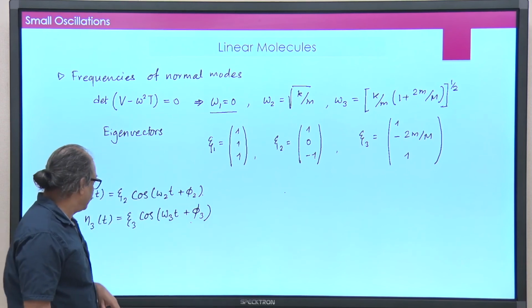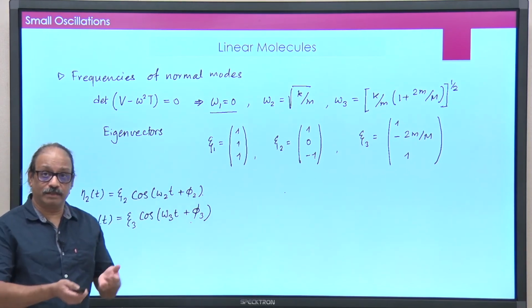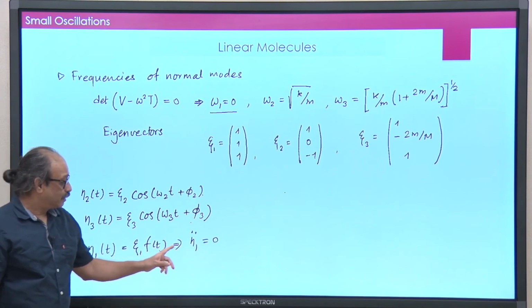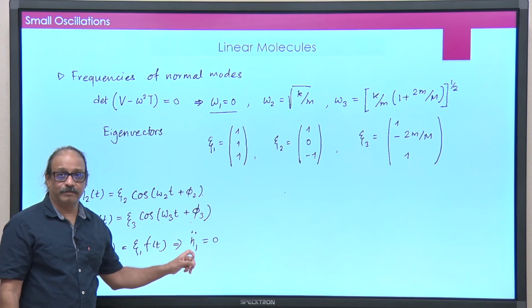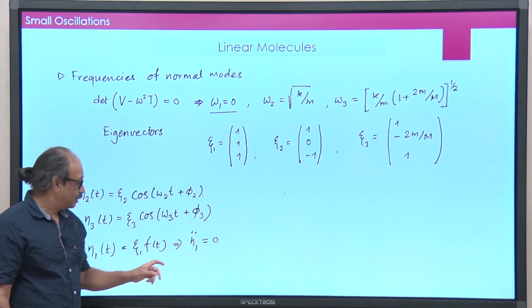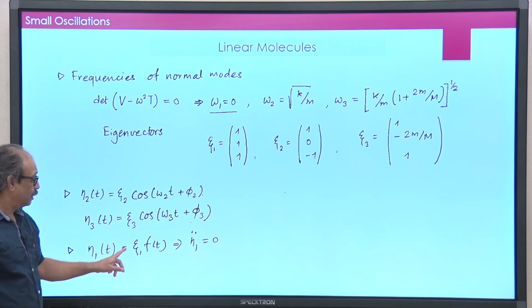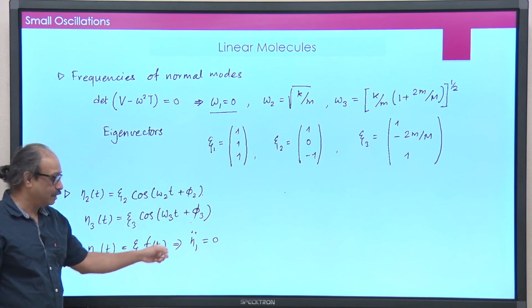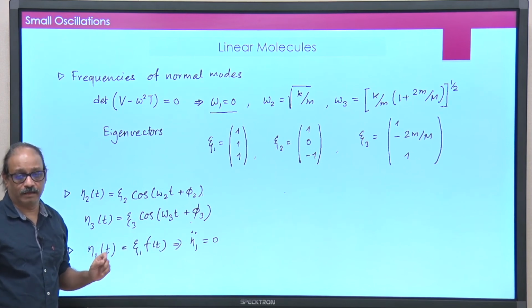That means eta, I have to go back now to the original problem there. Original problem tells me that eta 1 double dot must be equal to 0, and if eta 1 double dot is 0, then I would expect the solution to be this xi 1 into some function of t, okay.